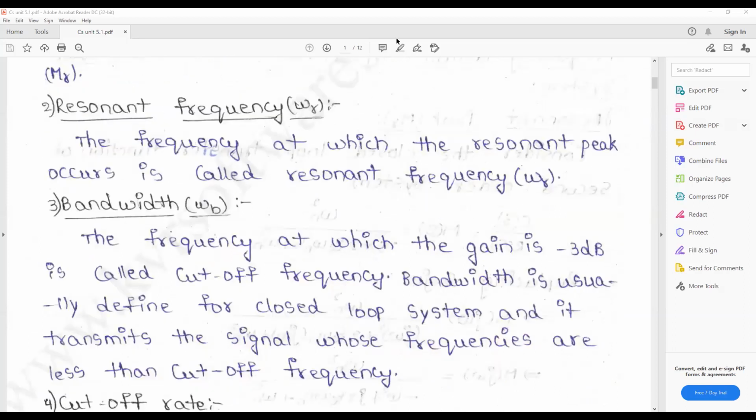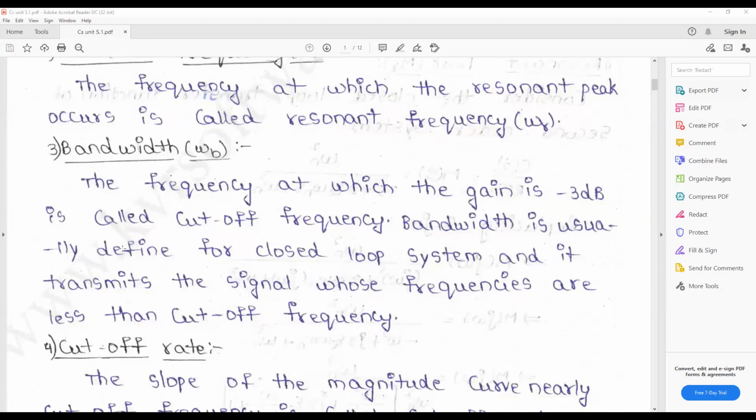And the bandwidth means the frequency at which the gain is -3 decibel is called cutoff frequency. The frequency near the gain of -3 decibel is called cutoff frequency.